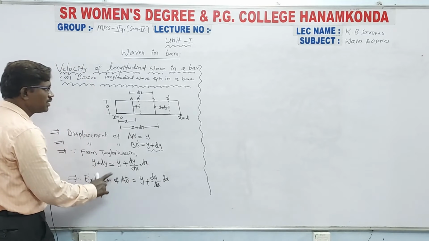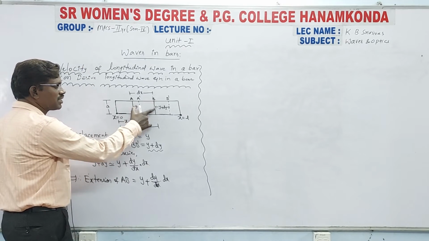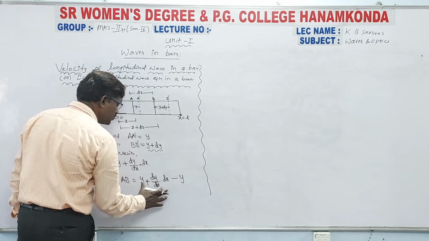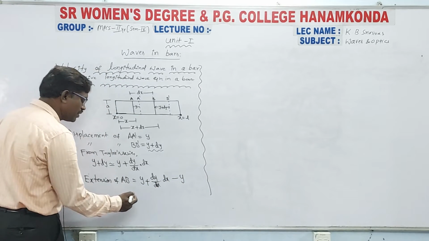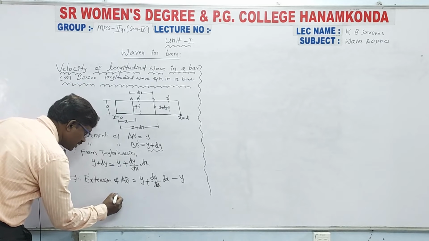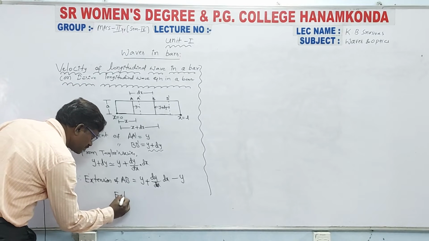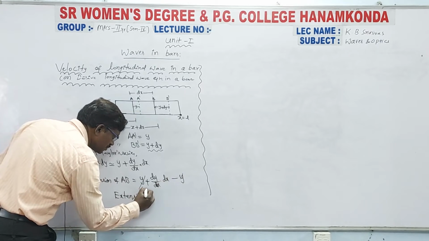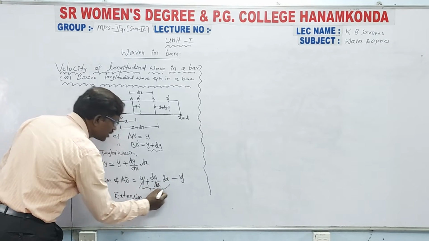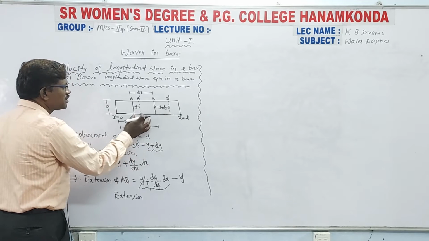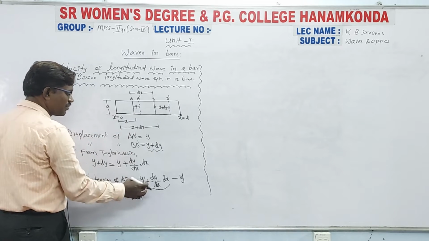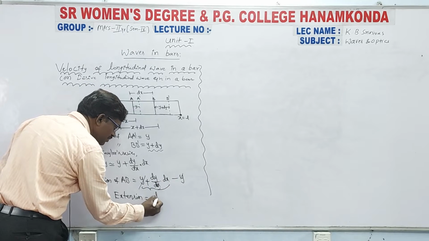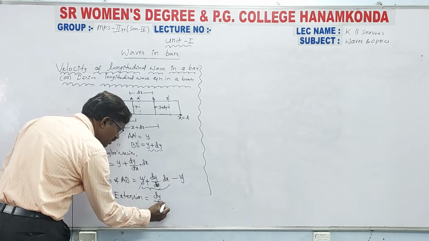To calculate how much extension of this layer, we need to subtract y from this value. So, finally we get the extension in the element as how much? This is the displacement of the second layer, this is the displacement of the first layer. If I subtract, I can calculate the extension of the given AB element as dy by dx into dx.